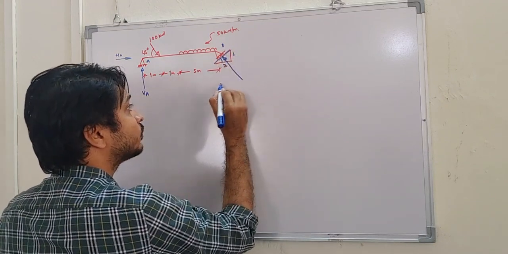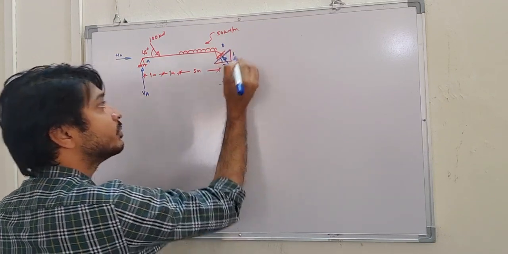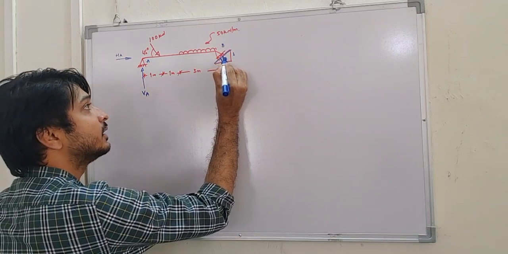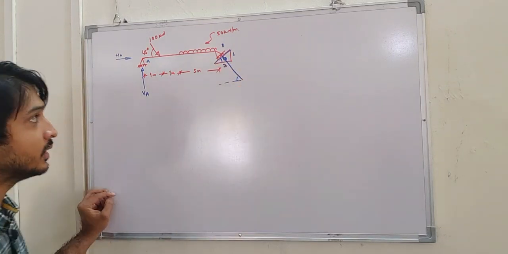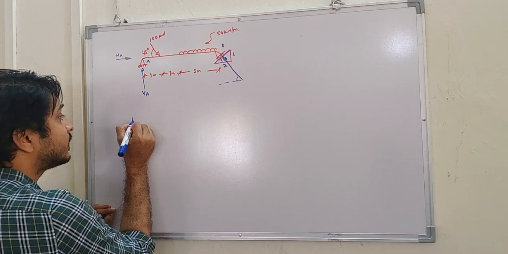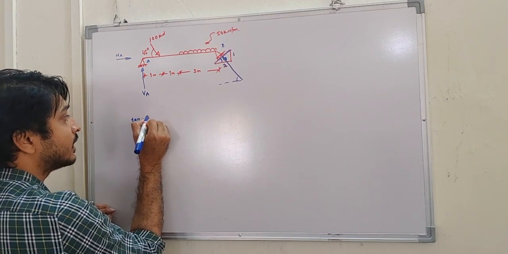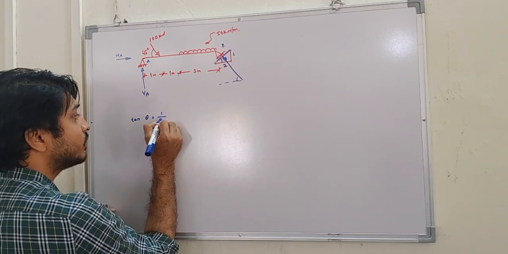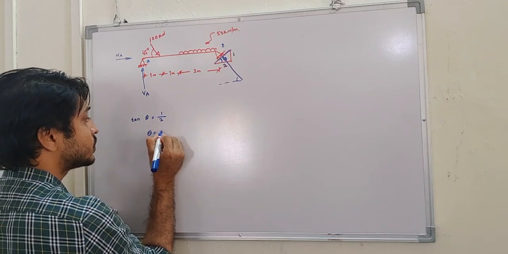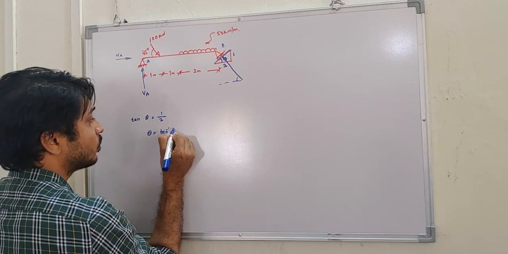So to find this angle, we must know theta. First we'll find theta. We know tan theta equals 1/2, therefore theta equals tan inverse of 1/2.